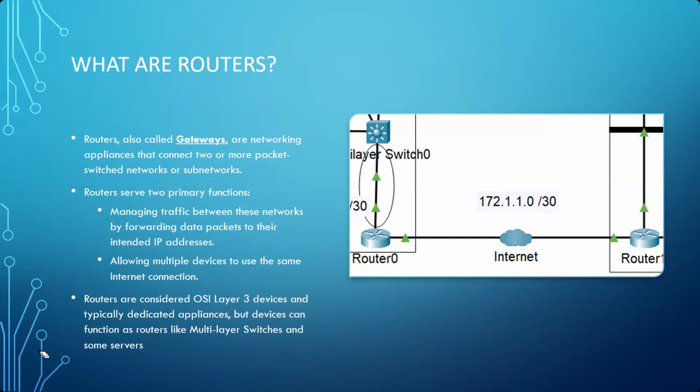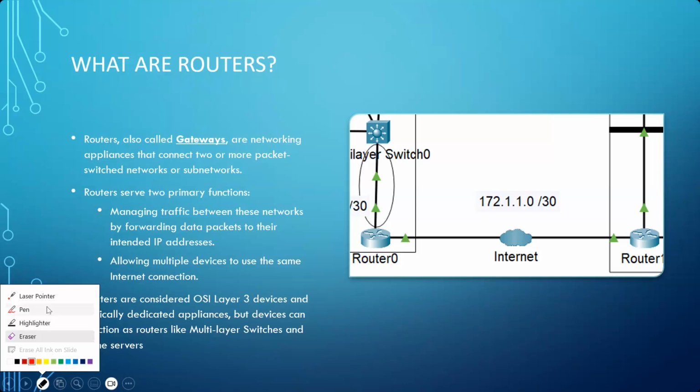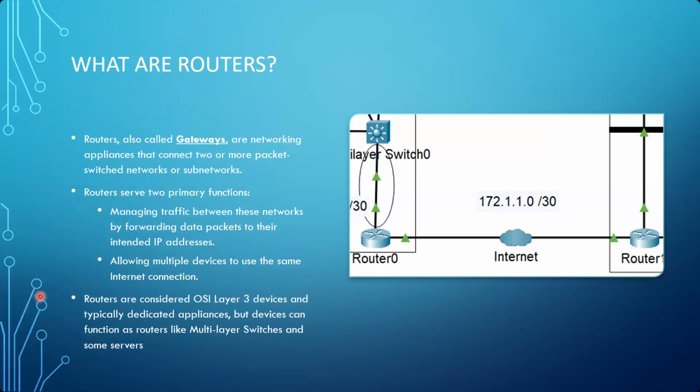Oh, the network layer, layer 3 of the OSI model. That is the network layer. And so when you look at layer 3 of the network model, we know that the network layer makes decisions, what we call routing decisions, based on IP addresses.